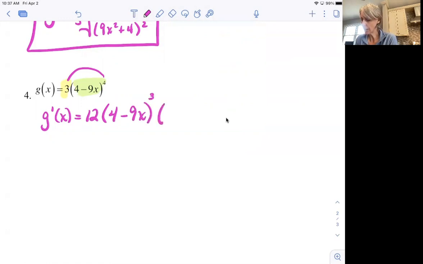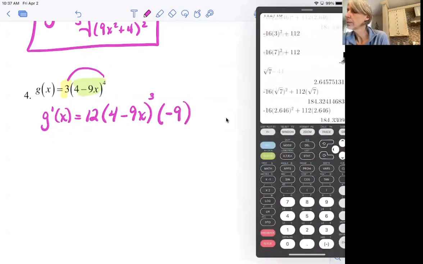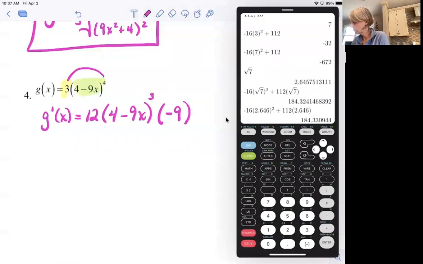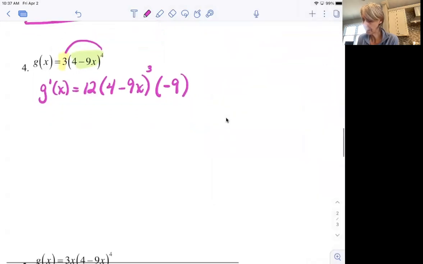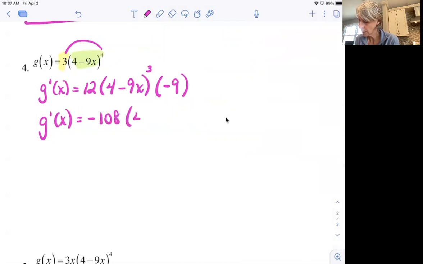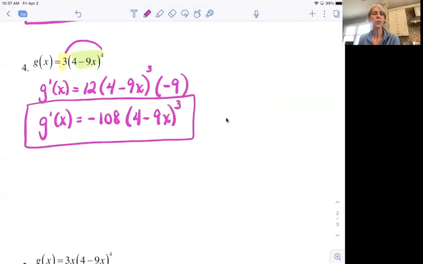Now take the derivative of the inside, and that's -9. So, cleaning this up, g prime of x is going to equal -108 times (4 minus 9x) cubed. So that really wasn't so bad.